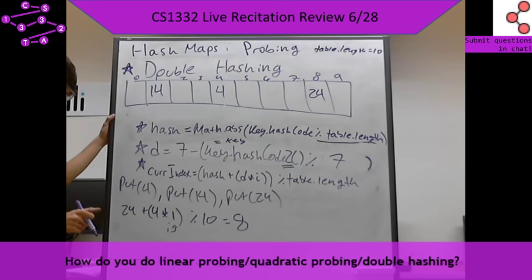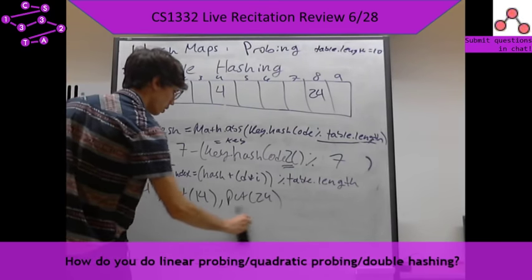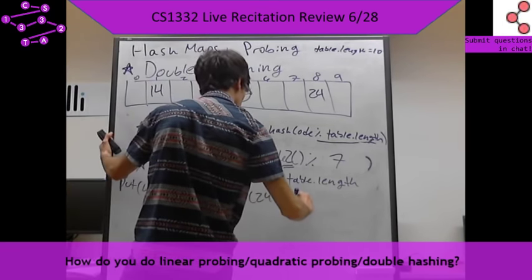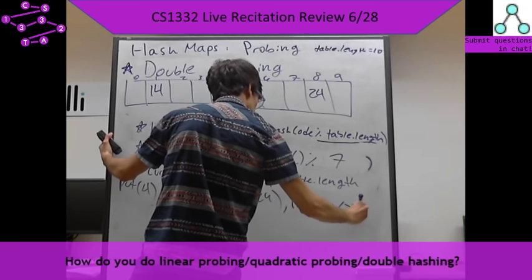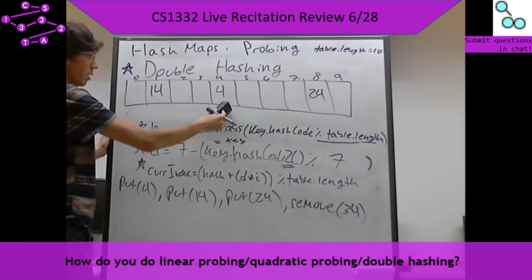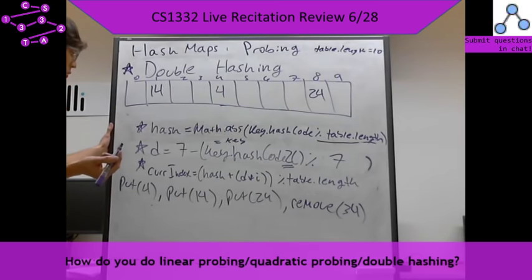Okay, so now we're going to do a very simple case to just show you what happens when you try to remove something that's not in the hash map. You know, it will terminate like you expect. So we'll remove 34, right? That'll initially map to 4, which will necessitate us to continue to probe, right?